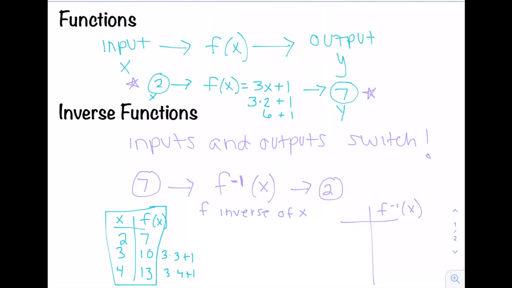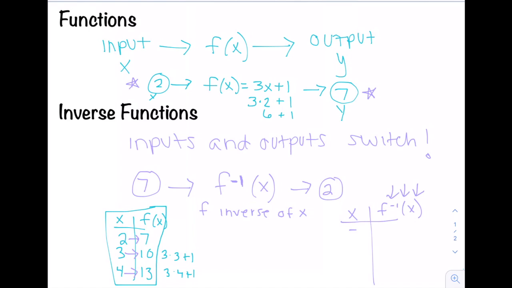Now I'm going to show you soon how to find the actual function for f inverse of x, but just to show you what should happen, my function from before had x values 2, 3, 4. 2 gave us the output of 7, 3 gave us the output of 10, 4 gave us the output of 13. What should happen in my f inverse table is that my x's and y's switch because inputs and outputs switch.